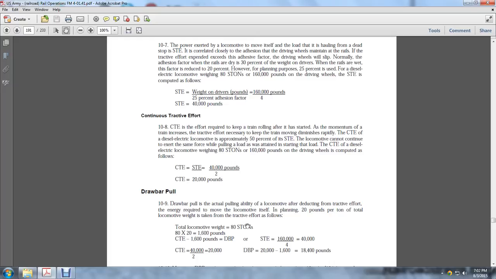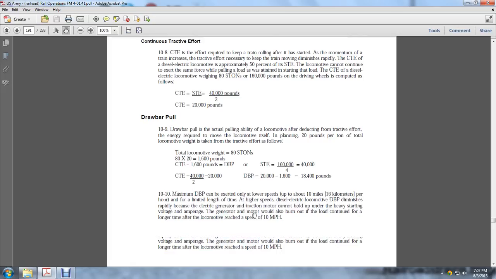The starting traction effort is the 160,000 pounds divided by 4, which is 40,000. The continuous traction effort of 40,000, and the drawbar pull at 20,000 minus 1,600 equals 18,400 pounds.